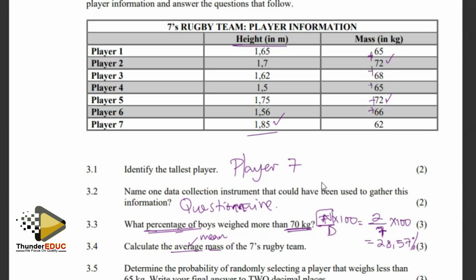When you add them up, you end up having the answer as 470 kg divided by 7. 470 divided by 7, we end up having the answer as 67.114. Don't forget the units, kilograms.